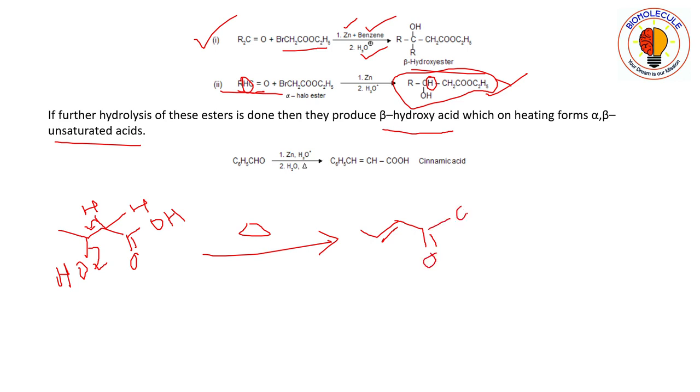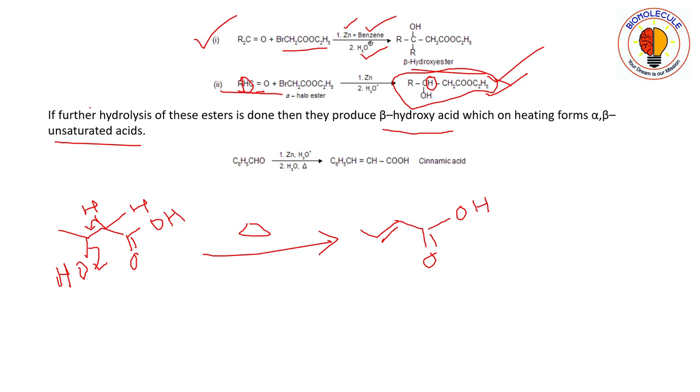Like this you will be getting alpha beta unsaturated acids. So if you further hydrolyze ester, you will get beta hydroxy acid, and if you heat that beta hydroxy acid, you will get alpha beta unsaturated acids.